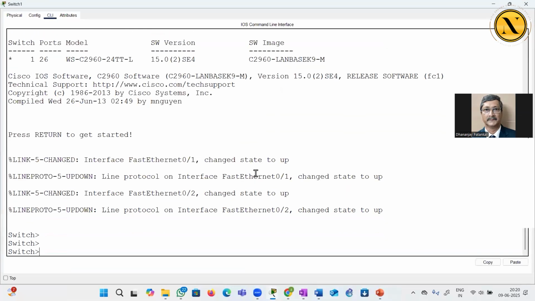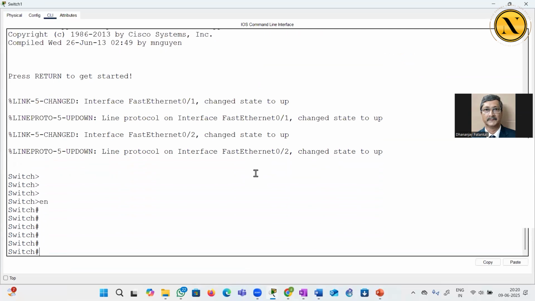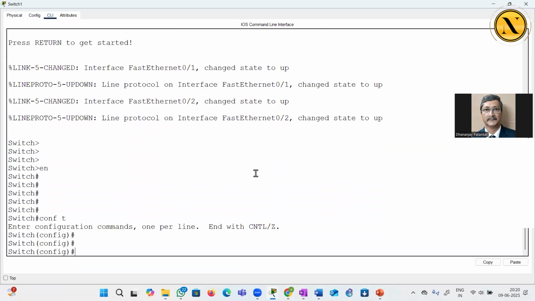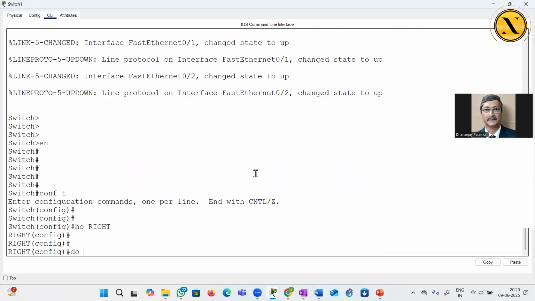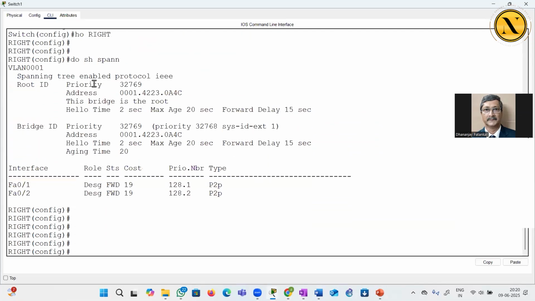Left, right, and bottom. So you have the three switches: enable, configure terminal, hostname, right, and do show spanning tree. Now, this is the root bridge's priority, and this is the root bridge's MAC address, and this is my priority, and this is my MAC address. Check. Is my priority and the root bridge priority the same?